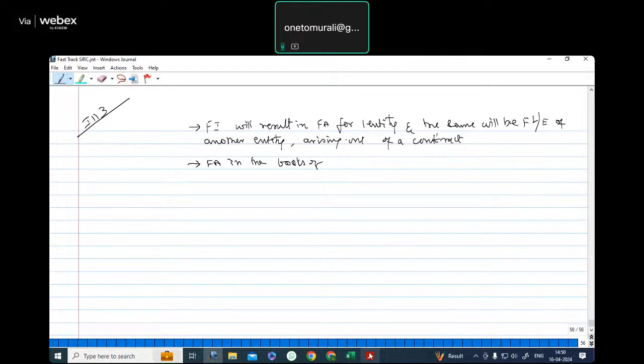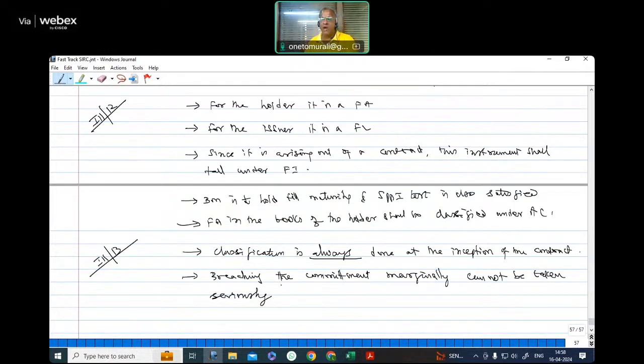So breaching the commitment marginally cannot be taken seriously. Breaching the commitment marginally cannot be taken seriously.